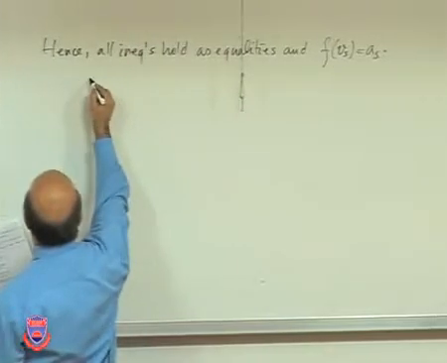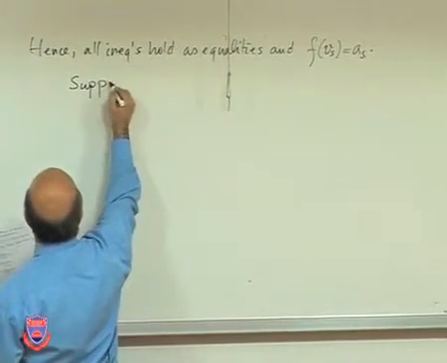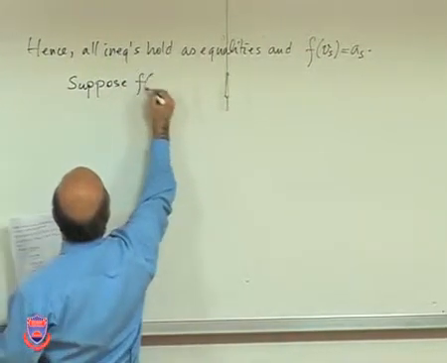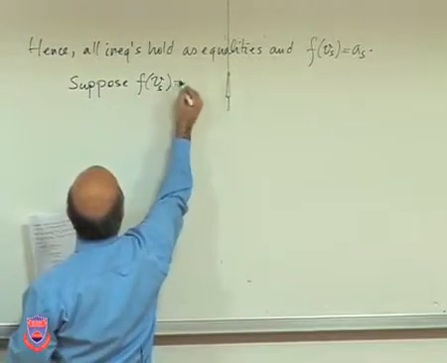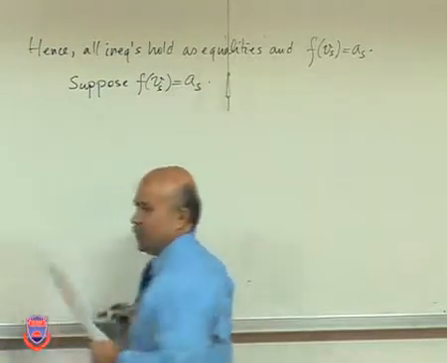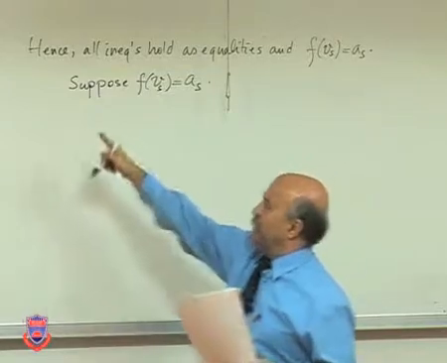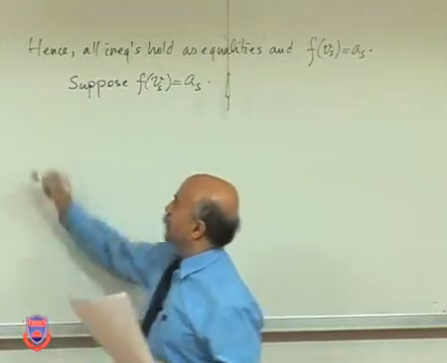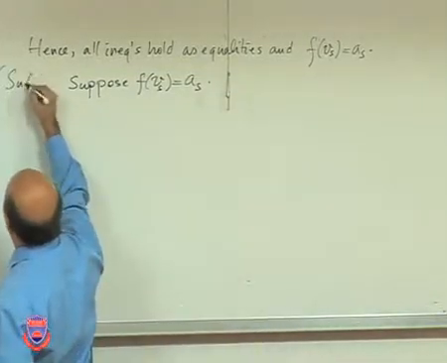The second part. Suppose f of Vs is equal to As. So until now we proved the necessity. Now we're talking about the sufficiency.